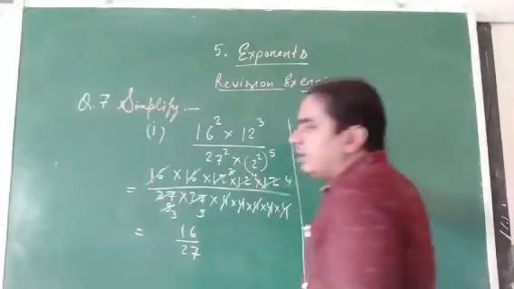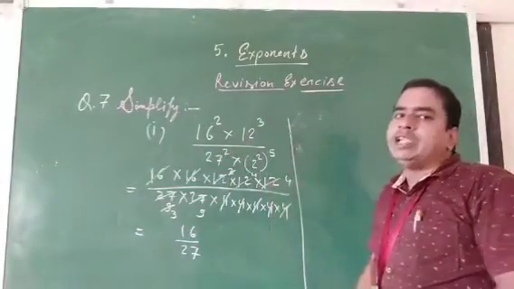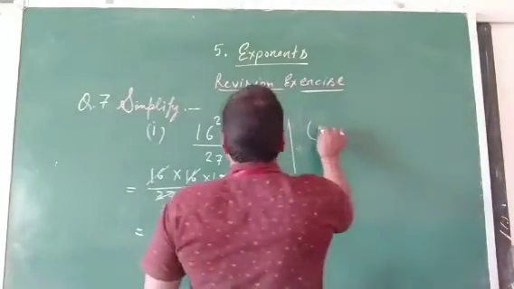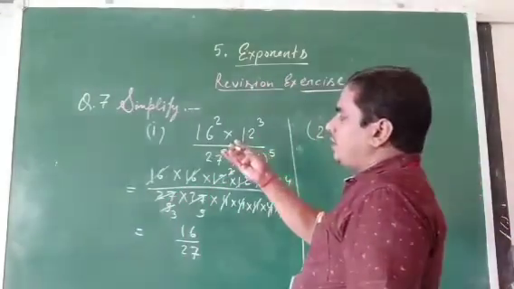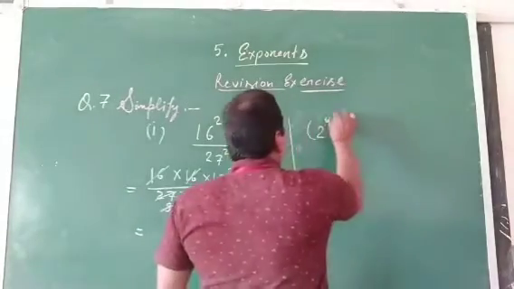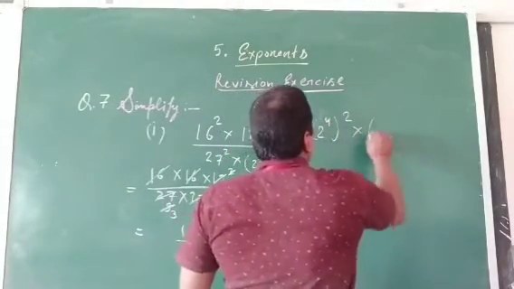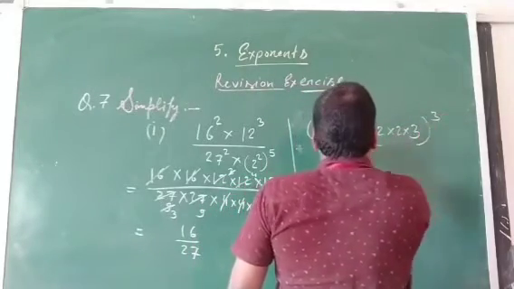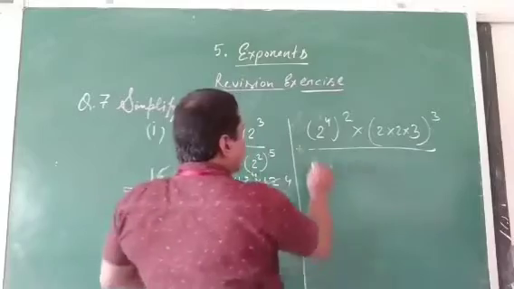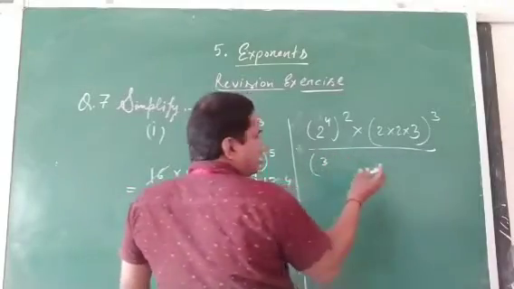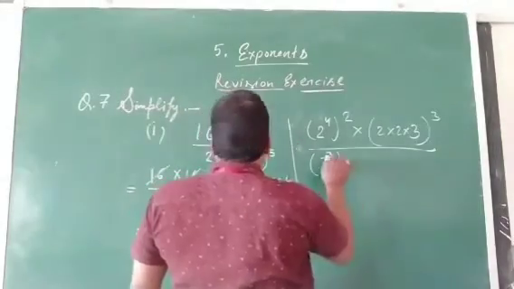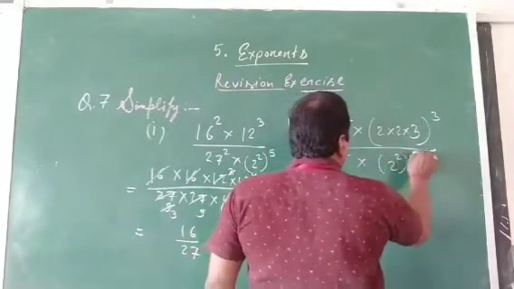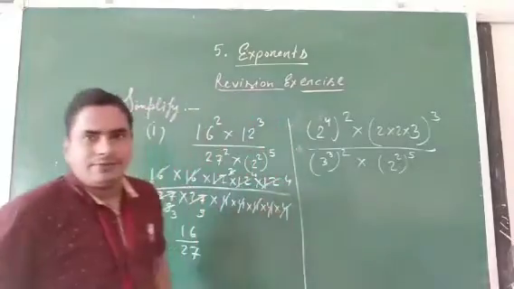But if you apply the laws of exponents here, first we have to write it as a power of prime factorization. So here you can write 16 as 2 to the power 4, the whole squared. Now 12 as 2 to the power 2 into 3, whole cubed. Down here 27 is 3 to the power 3, the whole power 2, into (2 to the power 2) to the whole power 5.